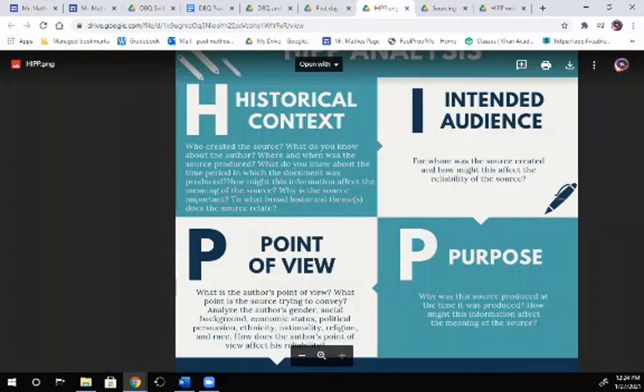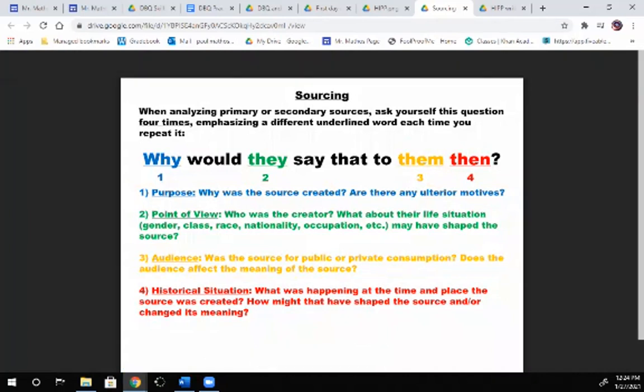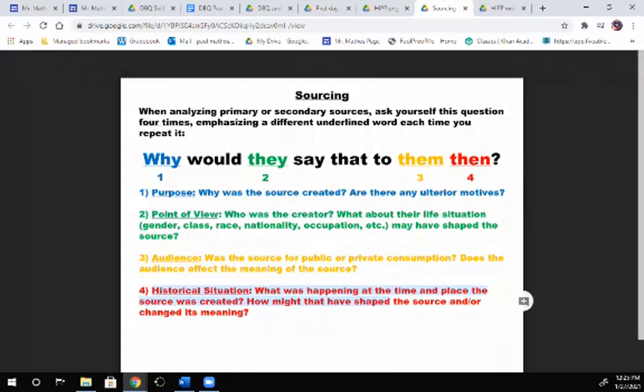If you like this one, great. My last class said they liked this one best because it was simpler and it had color. All right, so it's the same thing. Purpose, point of view, audience, historical situation. So you choose one of these and answer the questions for the document.